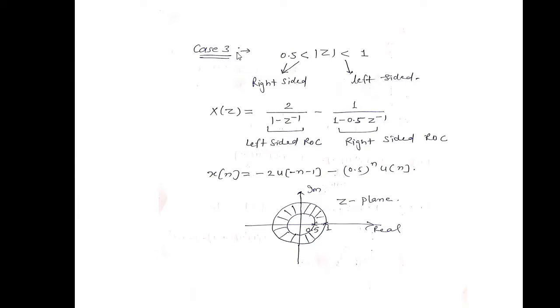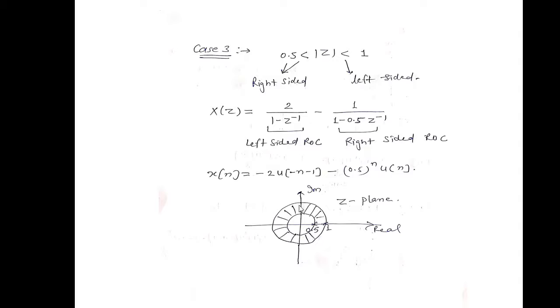Then we come to the third case, that is the ROC is in between 0.5 and 1. Okay, we can draw this ROC defined in this circle, where the first pole is at 1, the second pole is at 0.5, and ROC is in between 0.5 and 1.